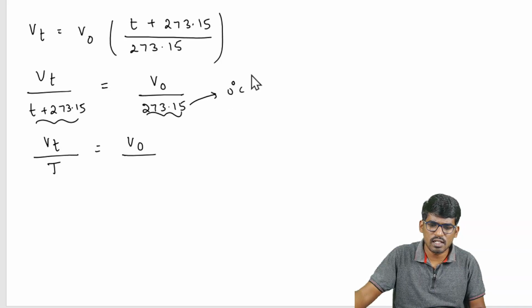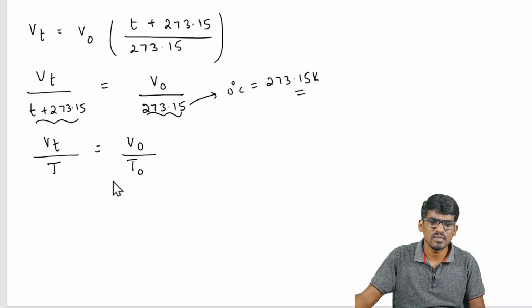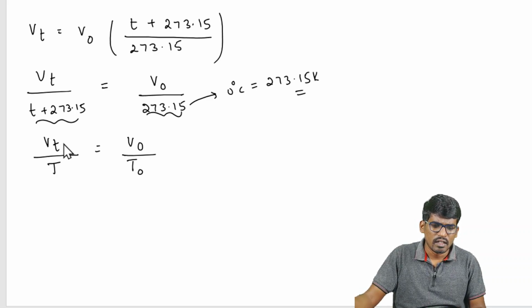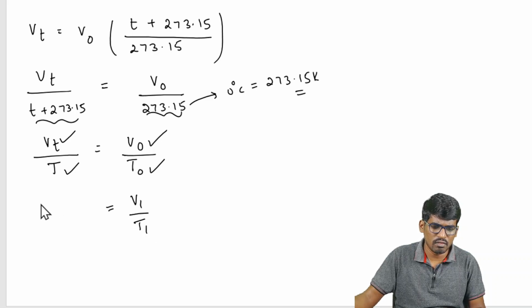So 0 degrees Celsius is equal to 273.15 Kelvin. V naught upon T naught, initial volume and initial temperature, and Vt upon T, final volume and final temperature. This I can write as V1 upon T1 is equal to V2 upon T2.